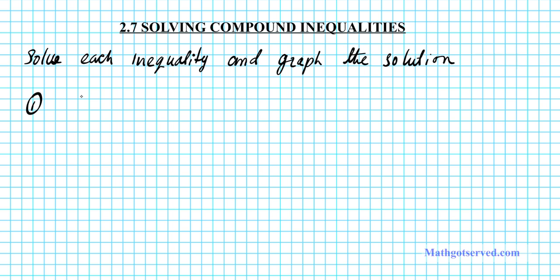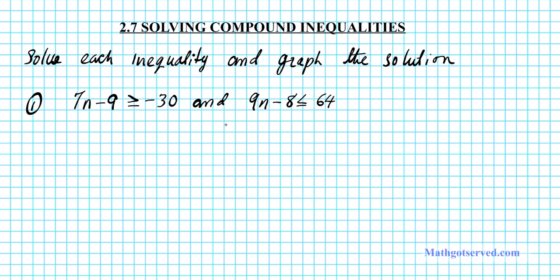For problem 1, we have the compound inequality 7n minus 9 is greater than or equal to negative 30, and 9n minus 8 is less than or equal to 64.